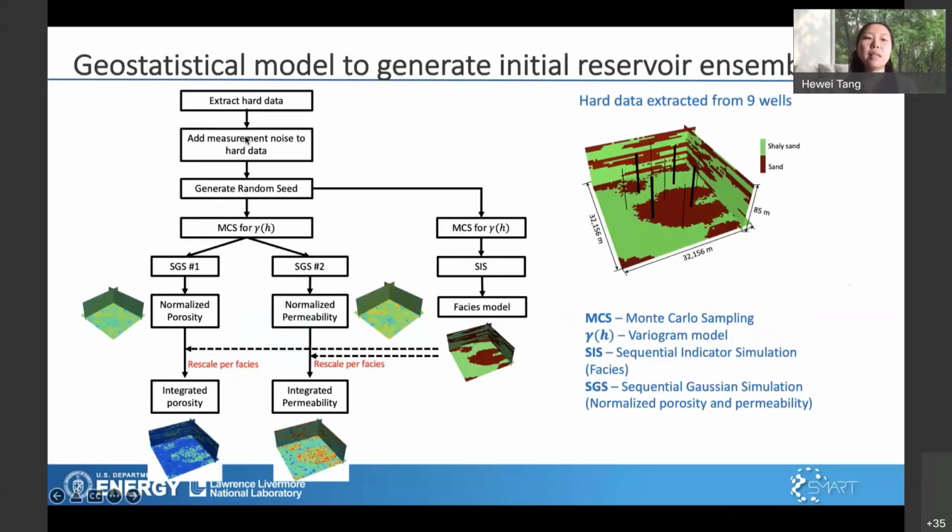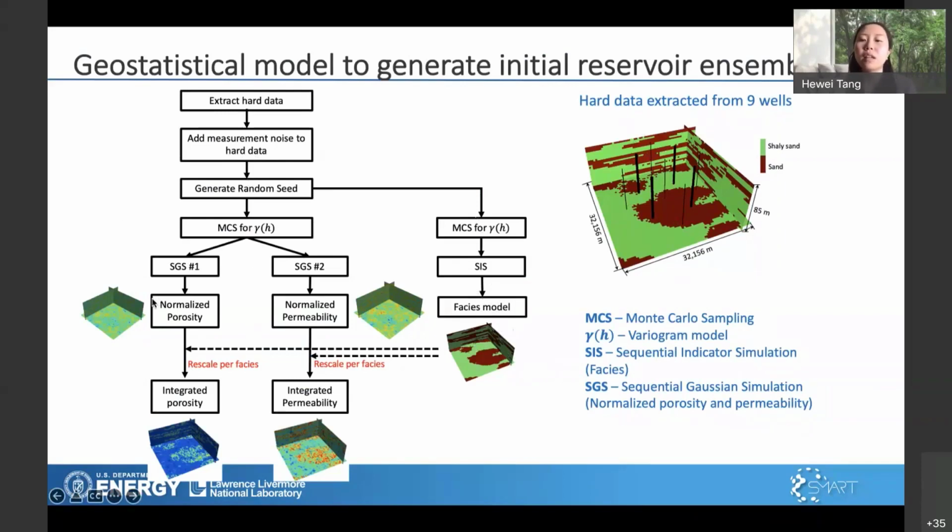We developed our current geostatistical modeling workflow. First, we extract hard data from these virtual wells, and then we add measurement errors to the hard data. For the facies distribution, we use sequential indicator simulation to generate the facies model.